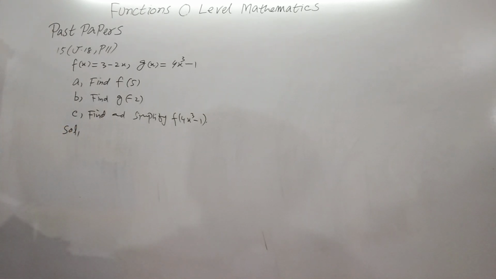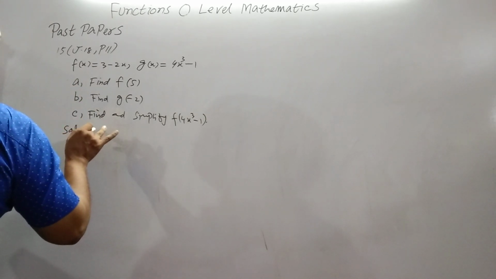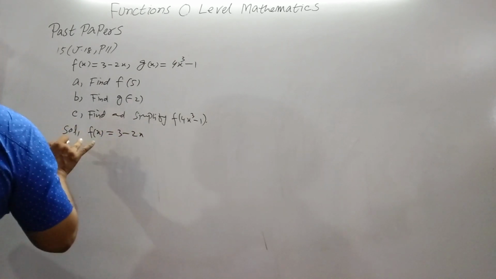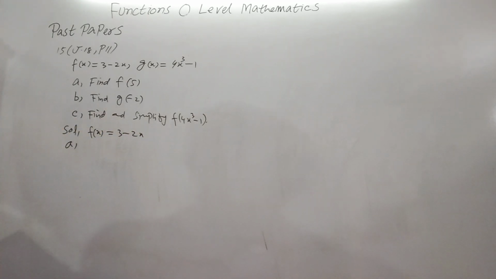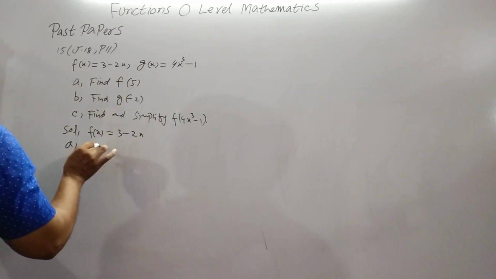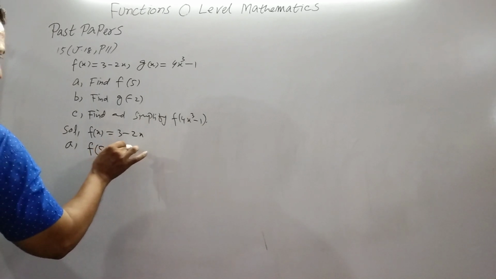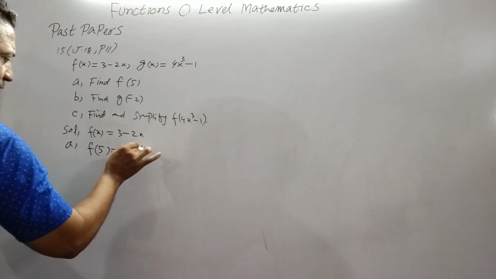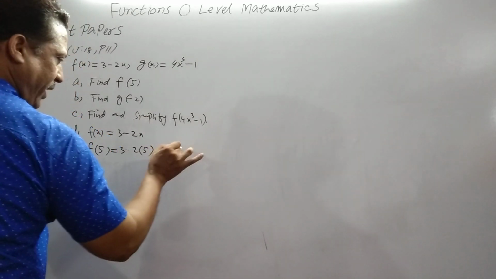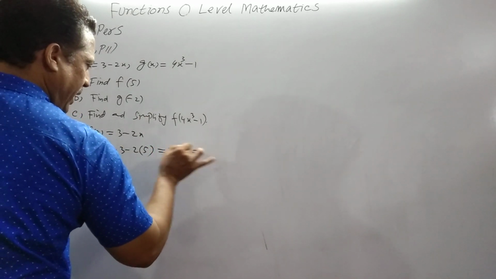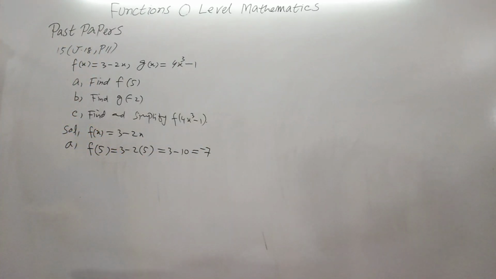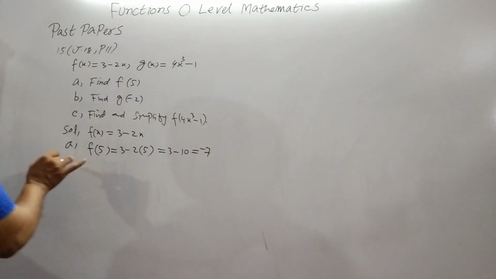Given that f(x) = 3 - 2x. Part A: first we have to find f of 5. So replace x by 5 in the given function. 3 minus 2 fives is 10. 3 minus 10 is -7. So -7 is the answer of part A.